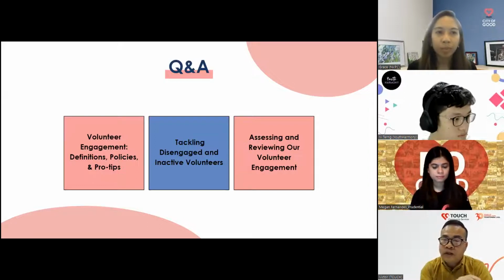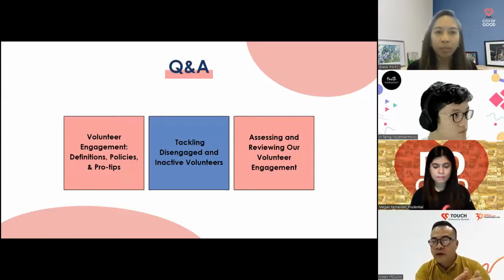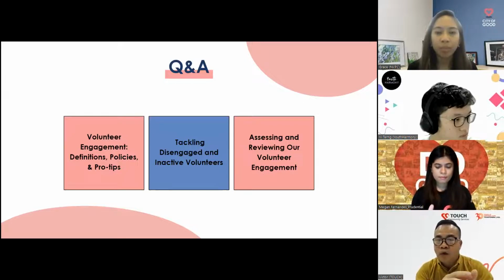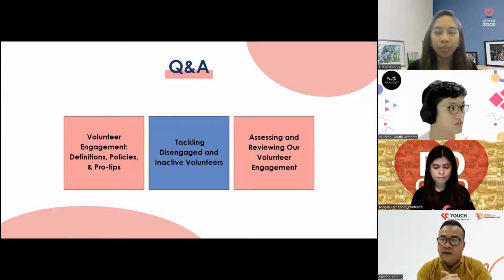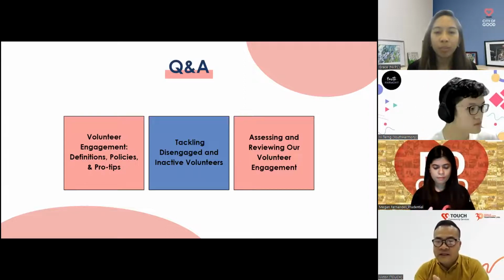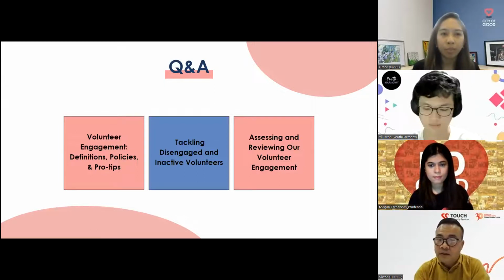Sometimes for the management in the organizations, if you are able to mention that there's a cost saving, if you don't have these volunteers who clock, for example, 100 hours, which is equivalent to, let's say, $20 an hour, that will be like $2,000. Actually, you have a cost saving of about $2,000.